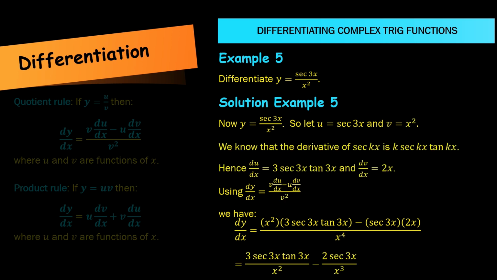And then if we tidy up, we obtain that dy/dx is equal to 3 sec 3x tan 3x over x squared minus 2 sec 3x over x cubed.